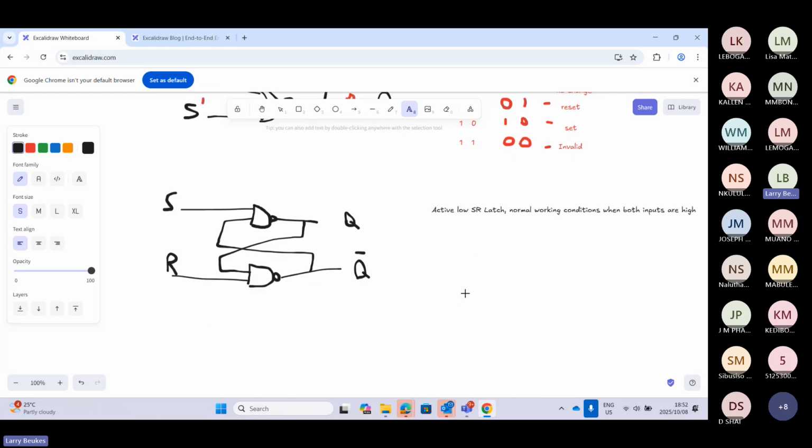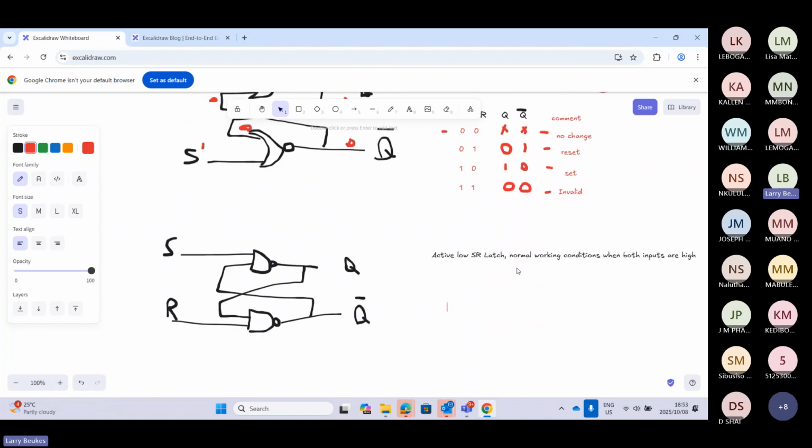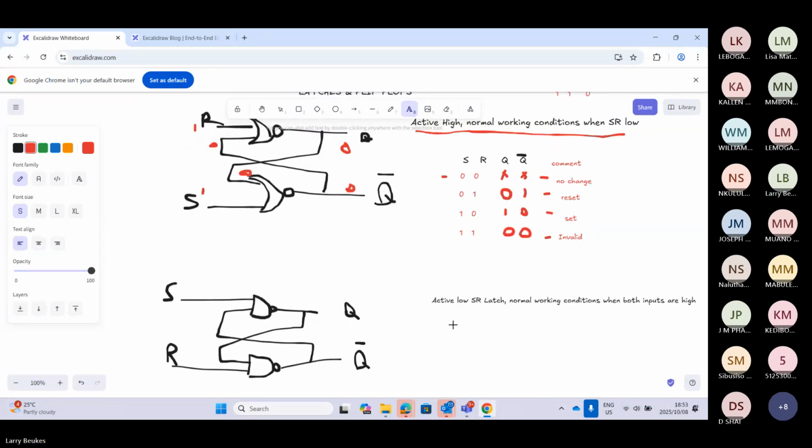So let's just start with 1, 1, for example, right? So this will be S. Let's go for the color green, just so you guys can see the difference. All right, this will be our S, this will be our R, Q, Q naught, and then the comment.